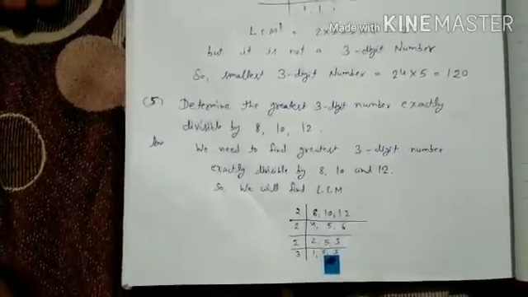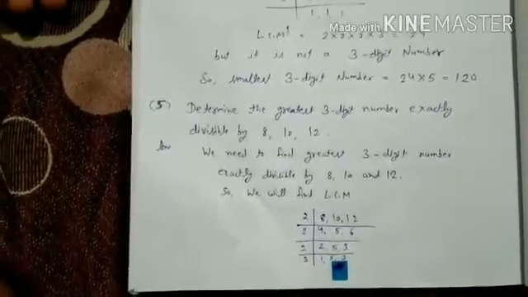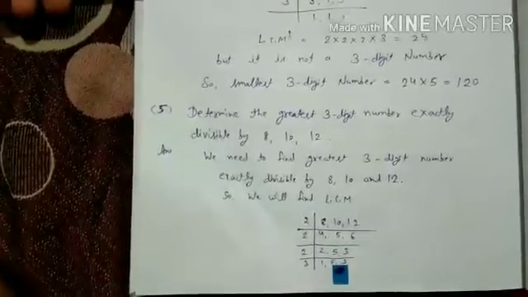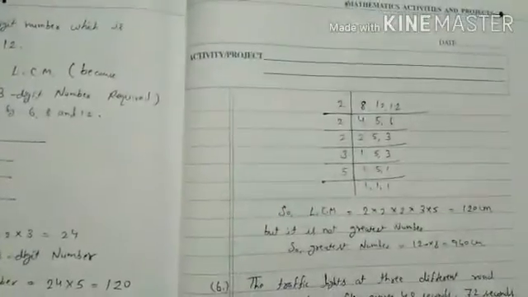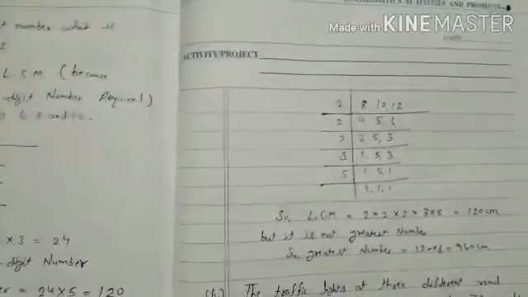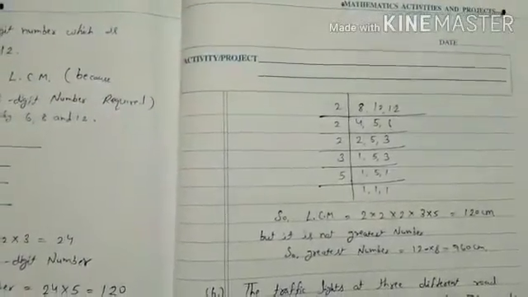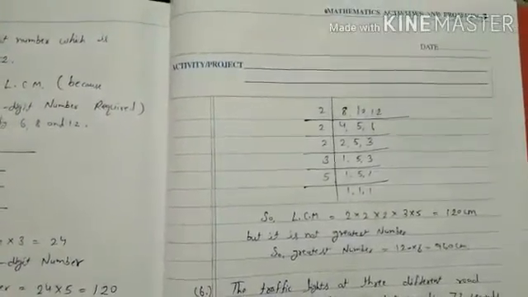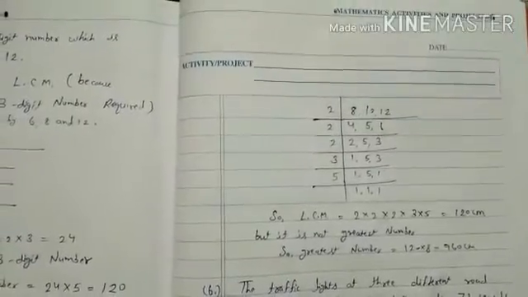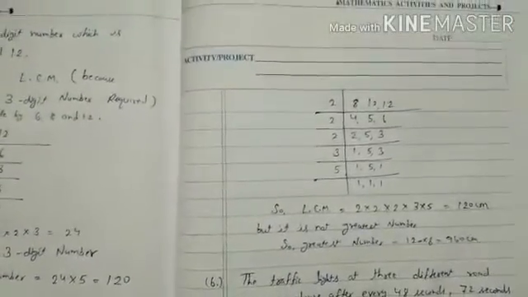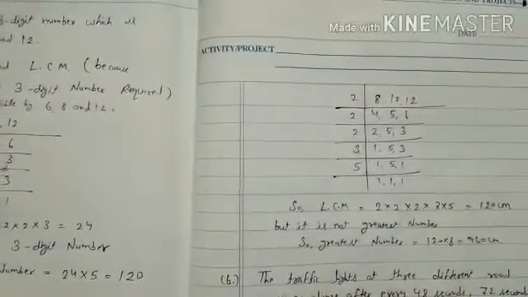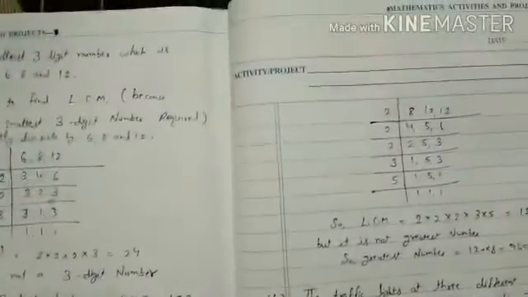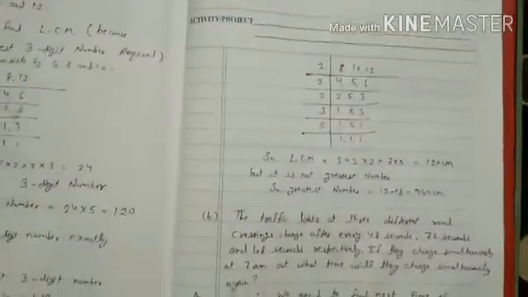So we find the LCM of 8, 10 and 12, and the answer is 120. But this is not the greatest 3-digit number. So we repeat the table of 120 till 8, and we get 960. So this is the greatest 3-digit number that is divisible by 8, 10 and 12.